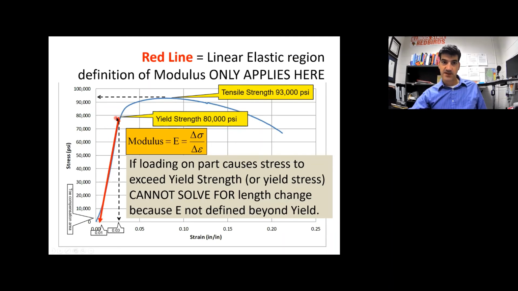All right? So that's really important to know. The only region where the elastic modulus is valid, is defined, where you can use it, is below the yield stress in this region right here. Okay? I need to stress that so that you don't try to use it for some stress value way up here.